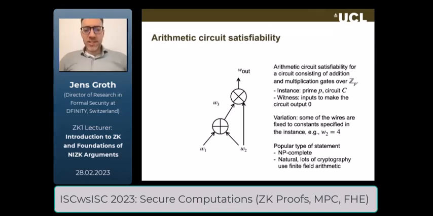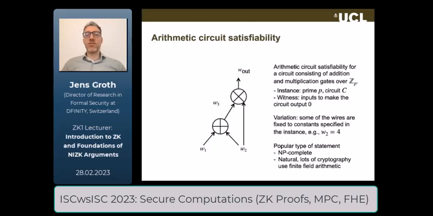Okay, so one thing I wanted to show is that we can do Sigma protocols for NP-complete problems. One very popular type of statement is that defined by arithmetic circuits.